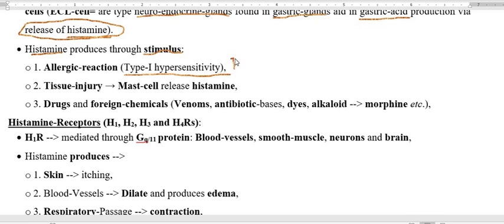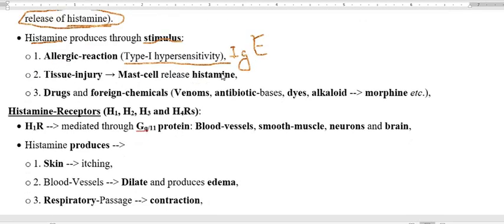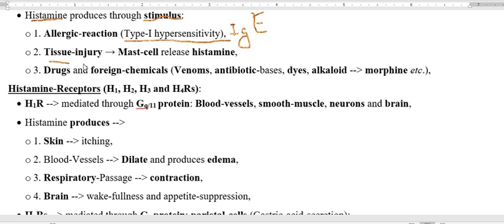There you will find the release of histamine, and therefore this is going to give rise to the allergic reaction. The second stimulus is tissue injury. If any injury occurs over the body, like the skin, then the mast cell is going to release histamine, and therefore you will find the physiopathological function of histamine as a symptom.